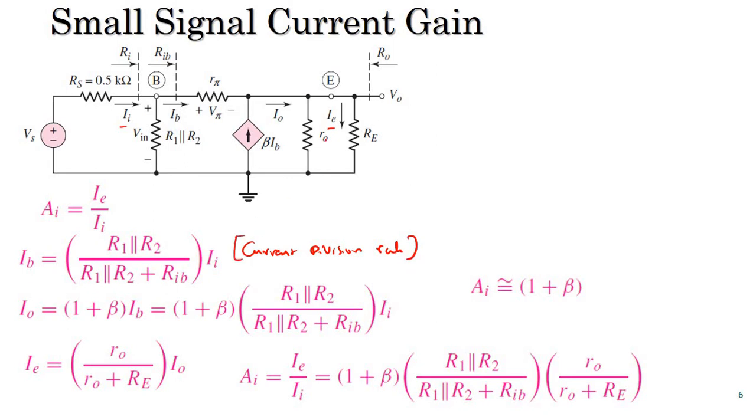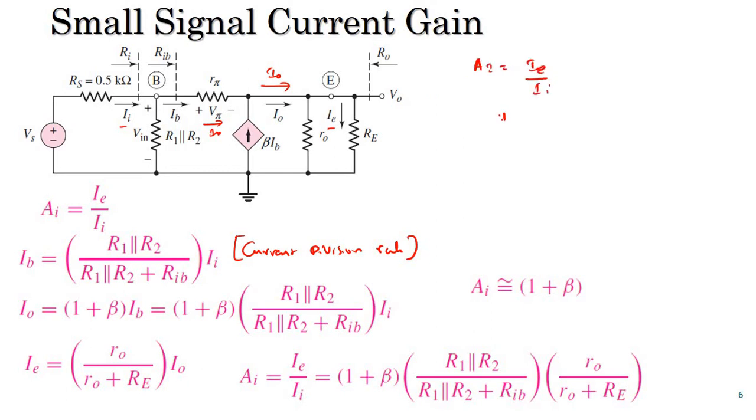I naught is this current, and this current is IB, and this current is beta times IB. If you add that, you will get 1 plus beta into IB. IB is this, so you include this. So I naught is this value. You want IE, AI is IE by II.